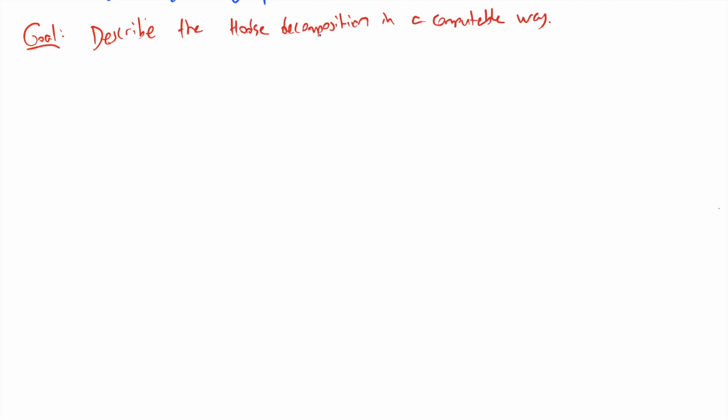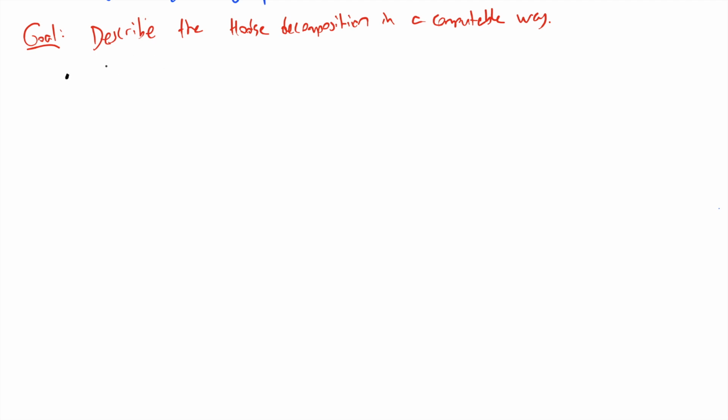So the way I'm going to describe the Hodge decomposition will also be helpful in realizing how to compute it, but I can only get you about halfway there. So I will tell you how to compute the forms, but I cannot tell you how to compute the topological cycles.